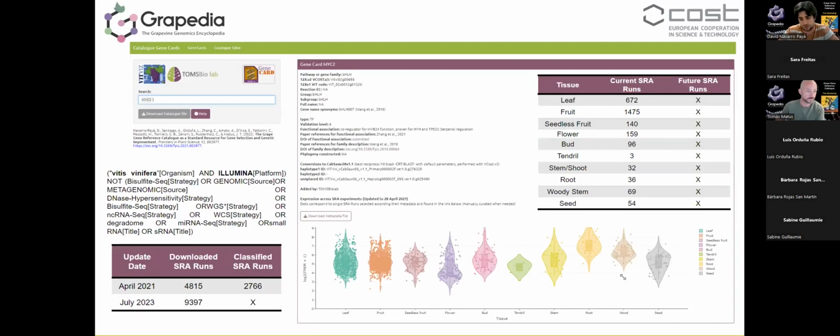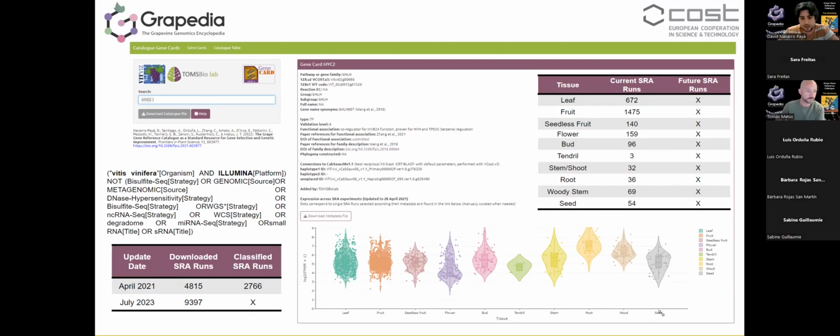Okay, so this is an example of why it's useful to add your genes to the catalog, in that you'll be able to search for them in the different applications we've got, that will give you access to a lot of transcriptomic data, for example, that will give you an idea of where your gene is expressed and in what kind of conditions, right?